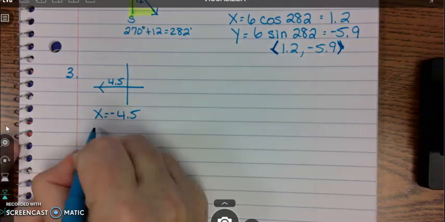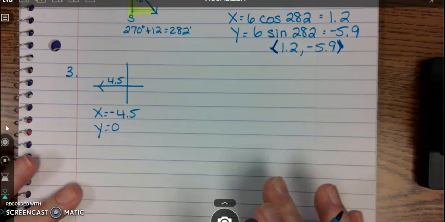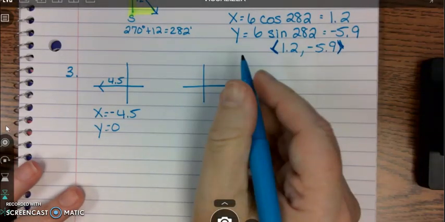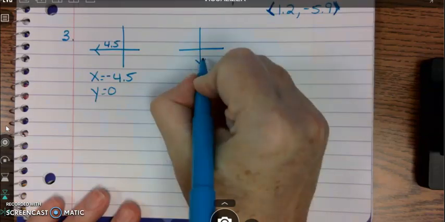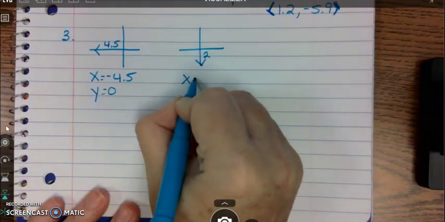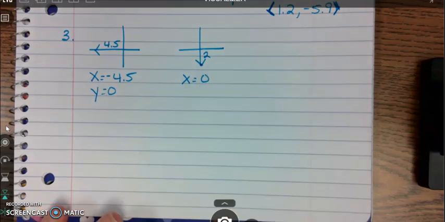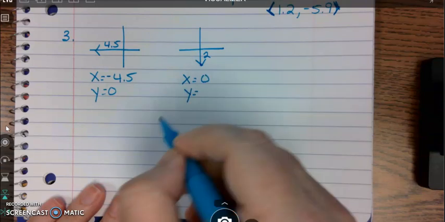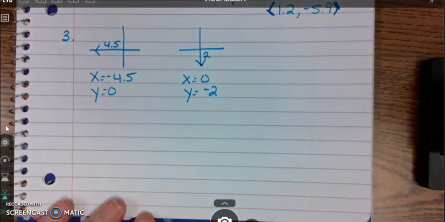Because I'm not going up or down, y is 0. Then the river is flowing south 2 miles. I'm not going left or right, so x is 0. Y is not 2 because we're going south; it is negative.